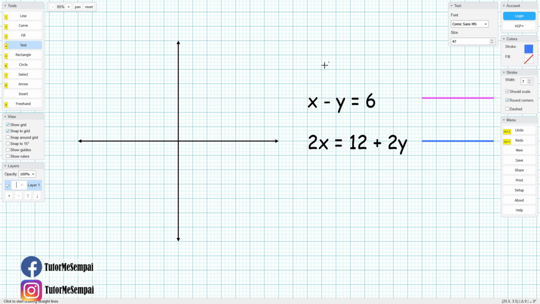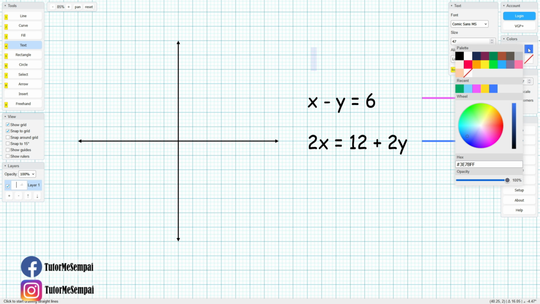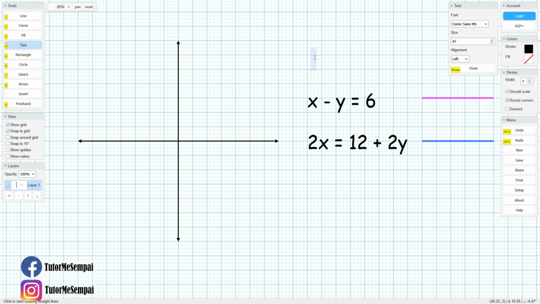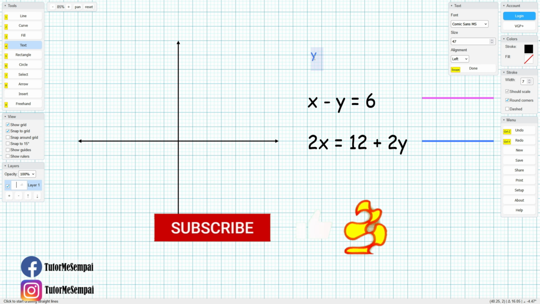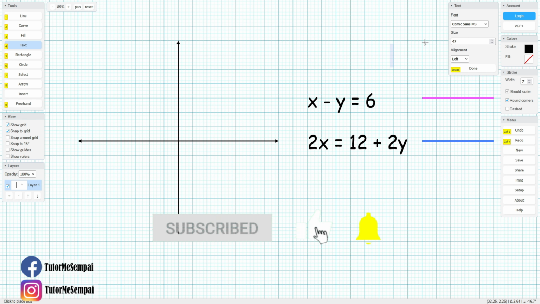So our first one, if we were to try to isolate our y, it would be y equals x minus 6, right?